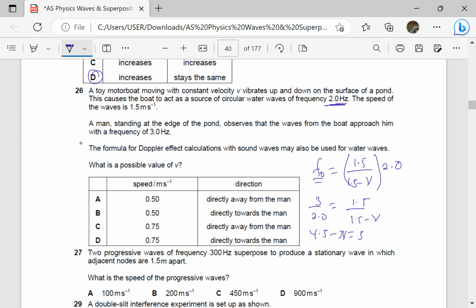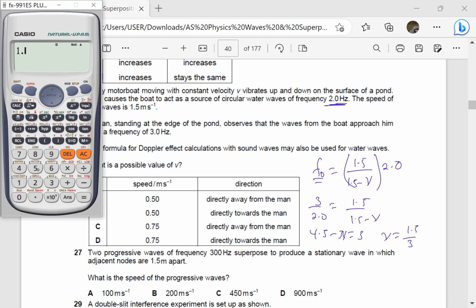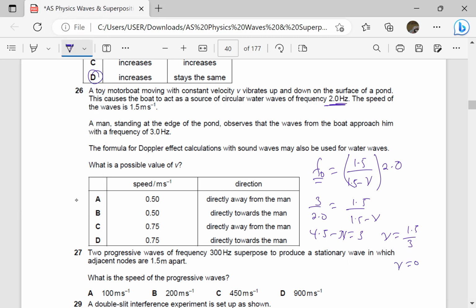So making V the subject, I've just collected like terms, V is going to be 1.5 divided by 3, which gives me a half, that is 0.5. So V is equal to 0.5 meters per second. So I ignore C and D. Then direction: because the frequency is higher, it must be towards the man. So the answer is going to be B.